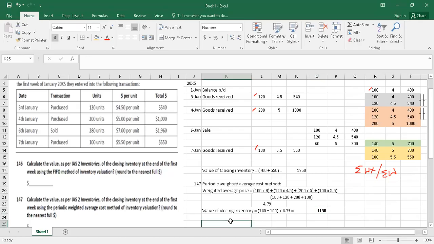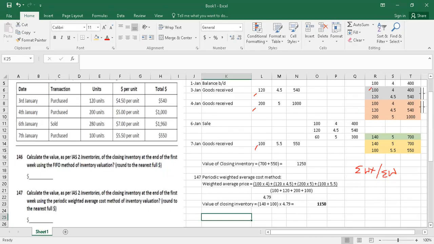It is not asked, but I am just doing that. What would be the value of the units that are sold? Value of goods sold or cost of goods sold, if we have to calculate. Since in the FIFO method, everything is given in detail in that format, everything can be known. But here, of course, it is not asked, but still I'm doing it. So what is cost of goods sold?